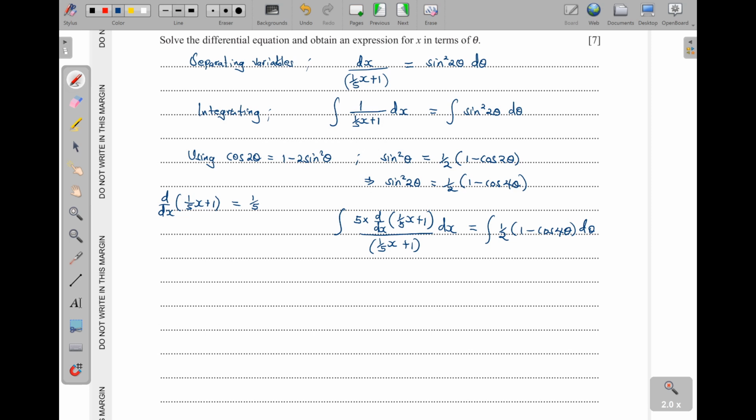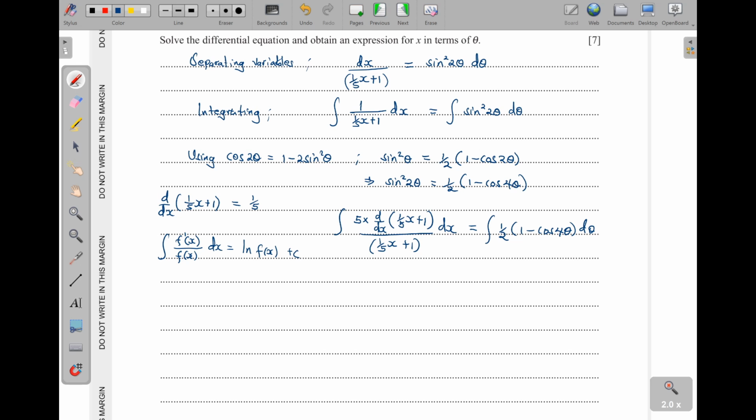So you see, now I can take the 5 this side, outside. Now what is up is exactly the derivative of what is down. Then that one gives us a natural log. We know that when you integrate the function here, the numerator is the exact derivative of the denominator, then you will get the natural log of that function, maybe plus c.